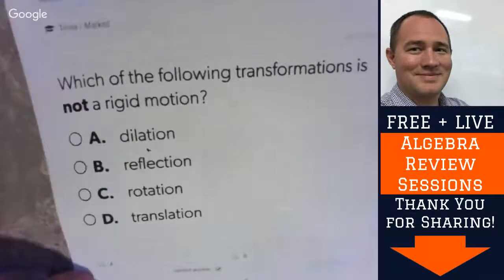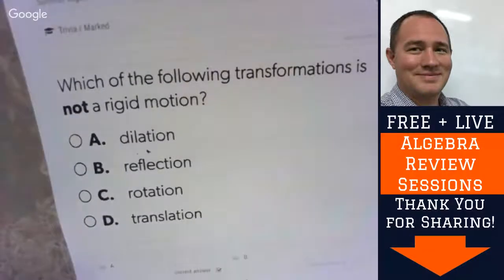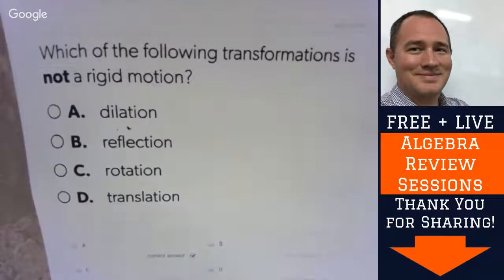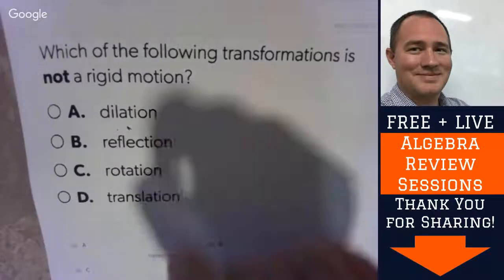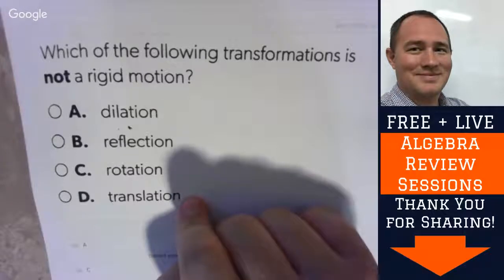Okay, let's get underway. So we went into geometry this past week. Then we started on different types of transformations. So which of the following transformations is not rigid? Well, if you recall, a reflection, rotation, and a translation are all congruent.